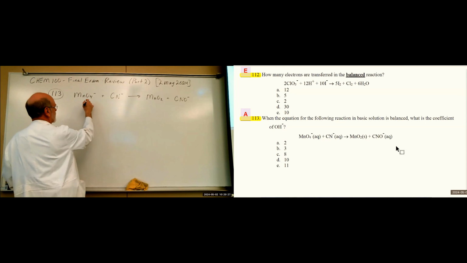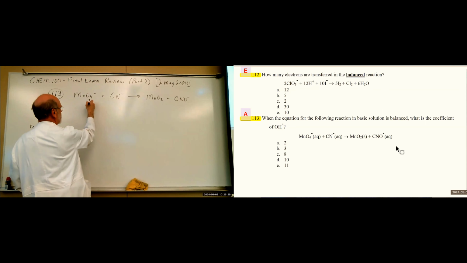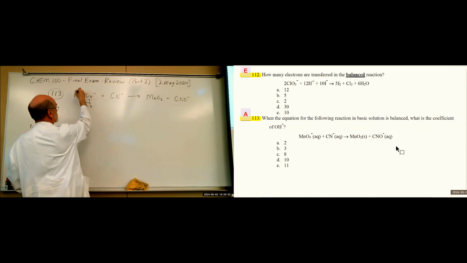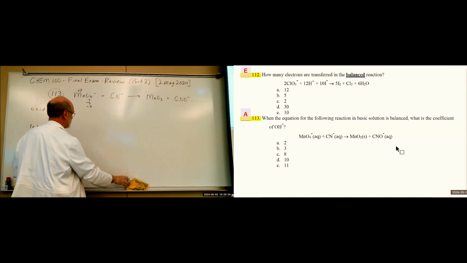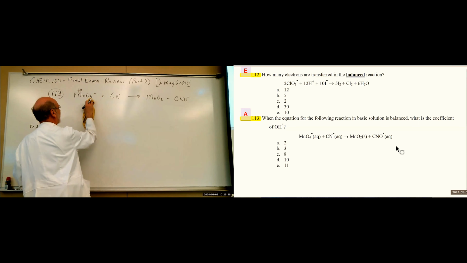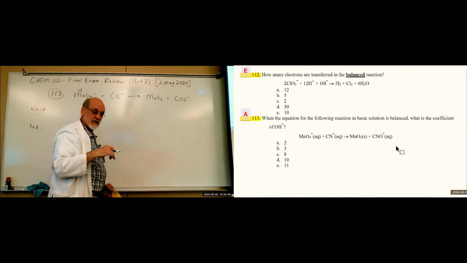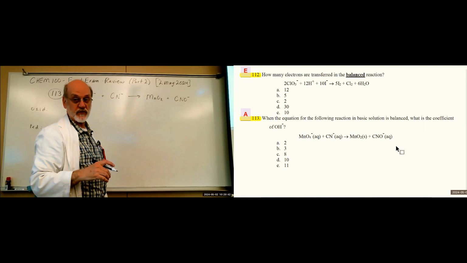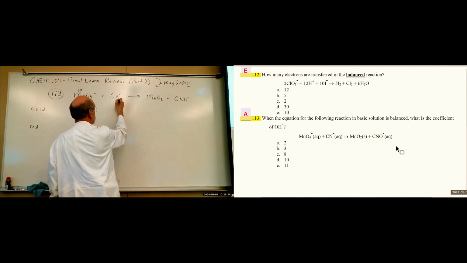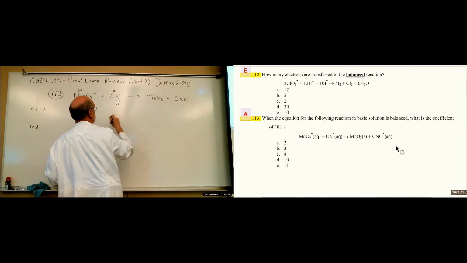So -2, -8 total, -7 to balance, +7. Right? Nitrogen, in this case, we have to assume that it's a -3. So we only have to balance -2. That's a +2 here.